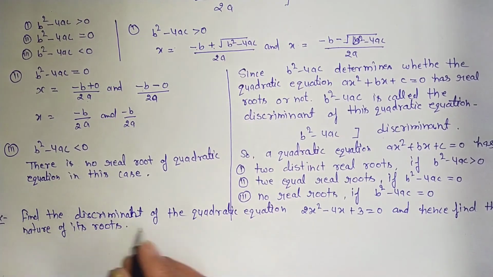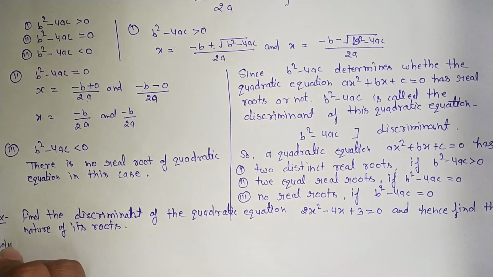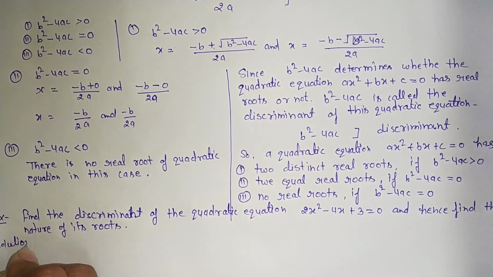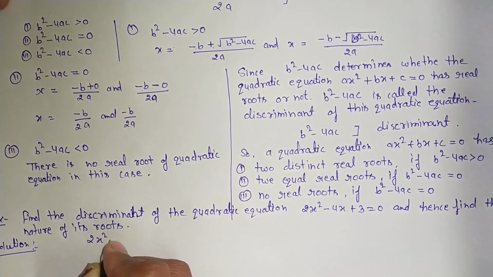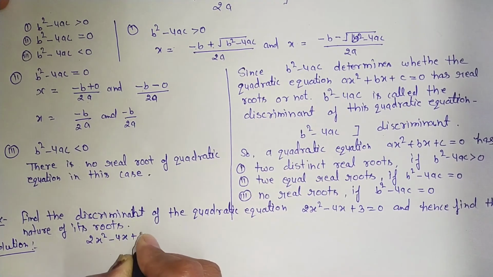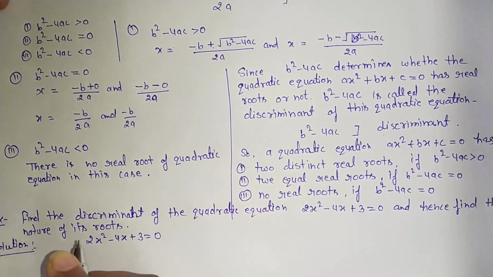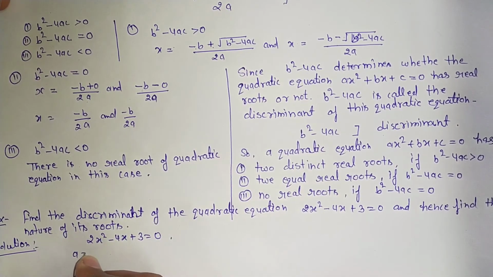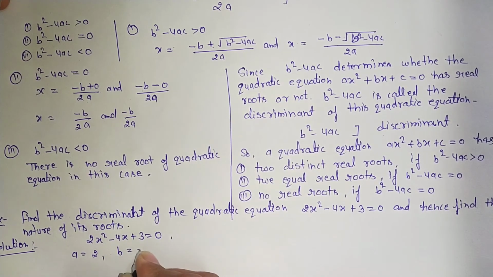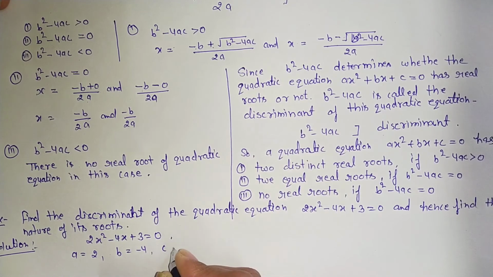The quadratic equation is 2x square minus 4x plus 3 equal to 0. In this quadratic equation, a equal to the coefficient of x square, that is 2, b is the coefficient of x, that is -4, and c is the constant term, that is 3.